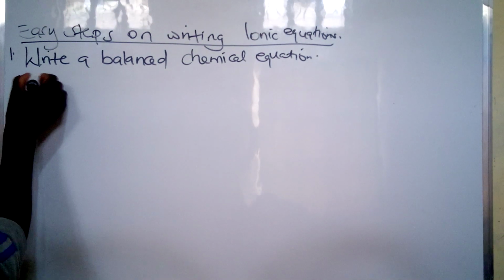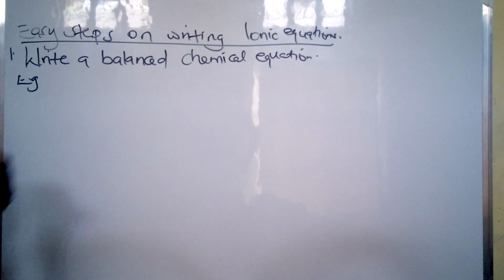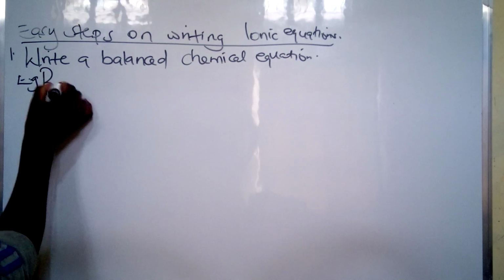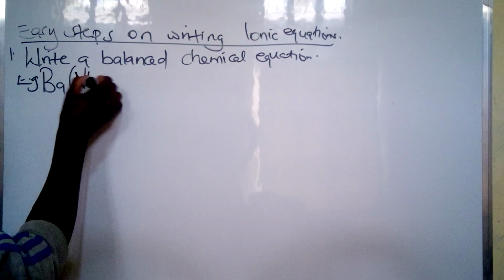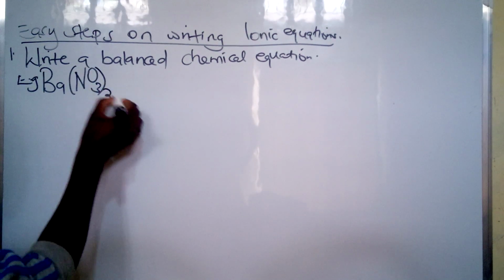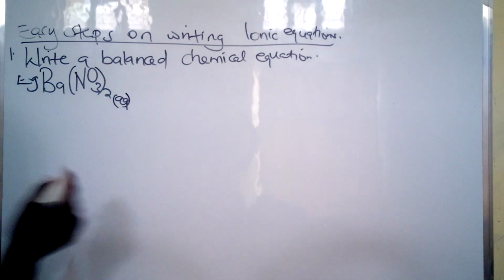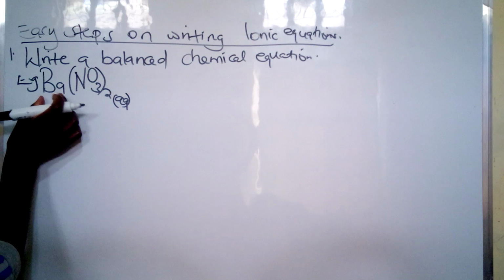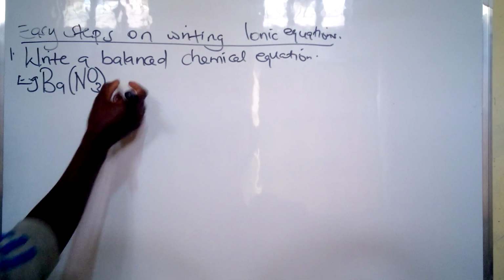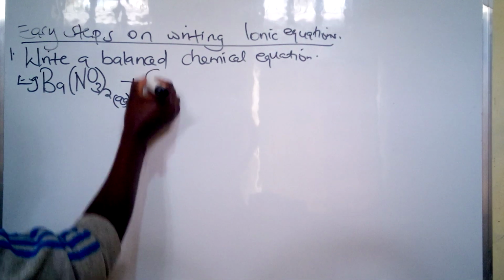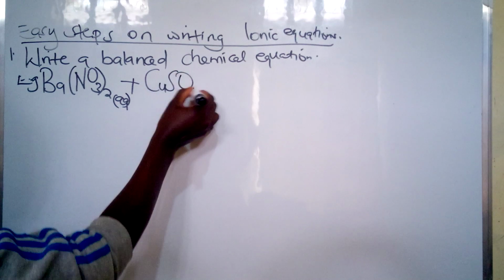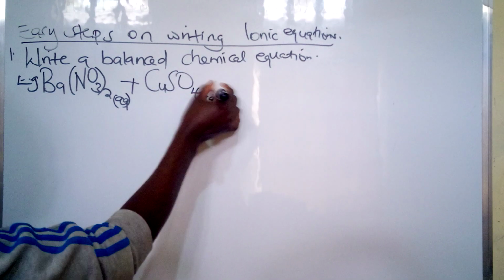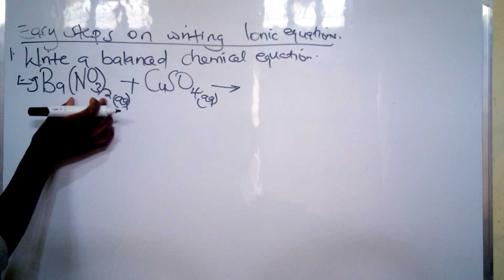So for example, we have barium nitrate aqueous, meaning it is a soluble salt. The reason you are writing these two is because barium has a valency of 2 plus. Copper sulfate aqueous. It gives us, they always exchange their radicals.